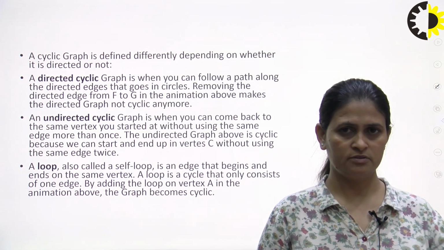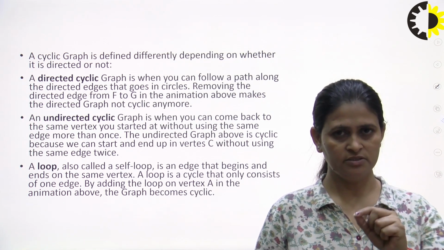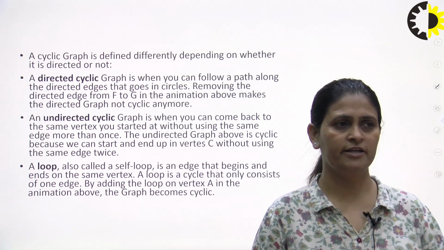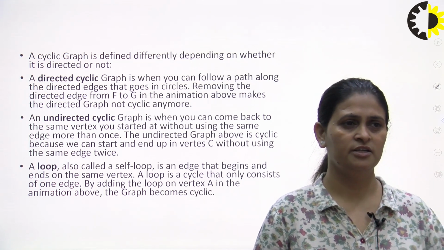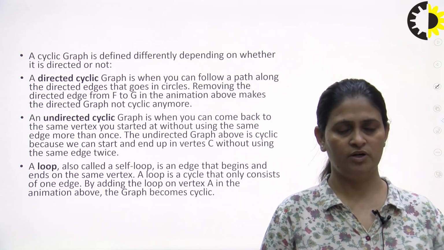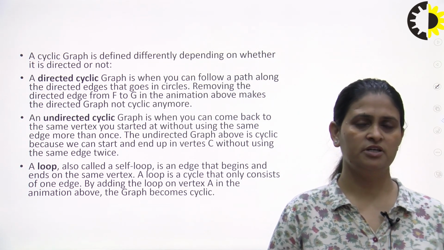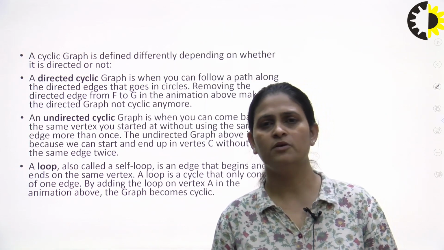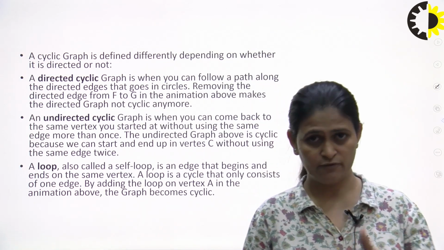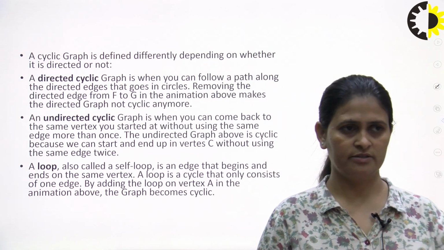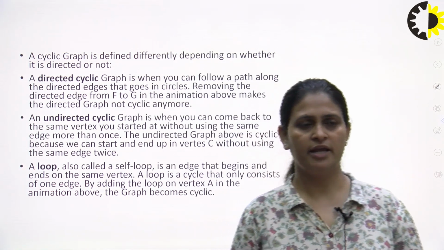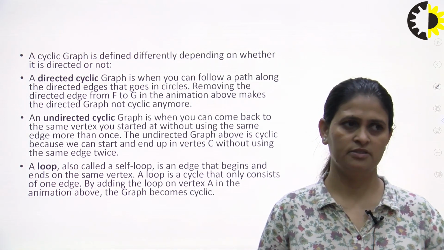You cannot use the same edge more than once. The undirected graph above is cyclic because we can start and end up at vertex C without using the same edge twice. Loop. A loop is also called a self loop of any vertex. The self loop is an edge that begins and ends on the same vertex.